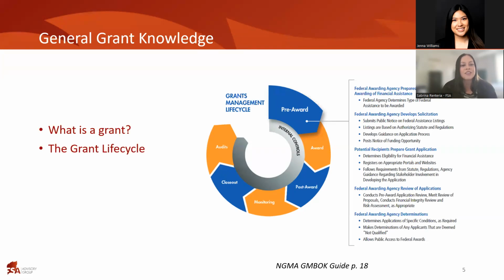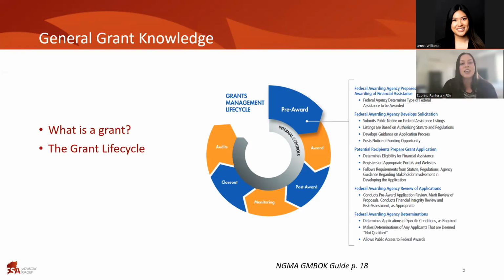The grant life cycle you'll see here is everything pre-award. So we have an idea, we want to review an opportunity to obtain some money, we prepare a grant application, the agency reviews those applications, and hopefully we get awarded. So our main focus today is on this pre-award cycle here.